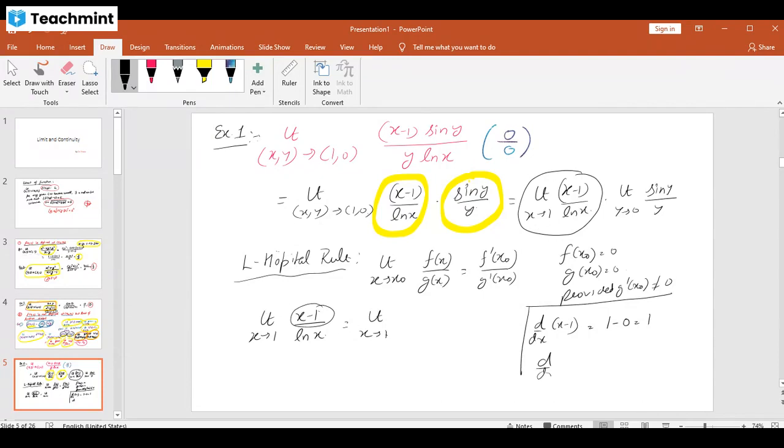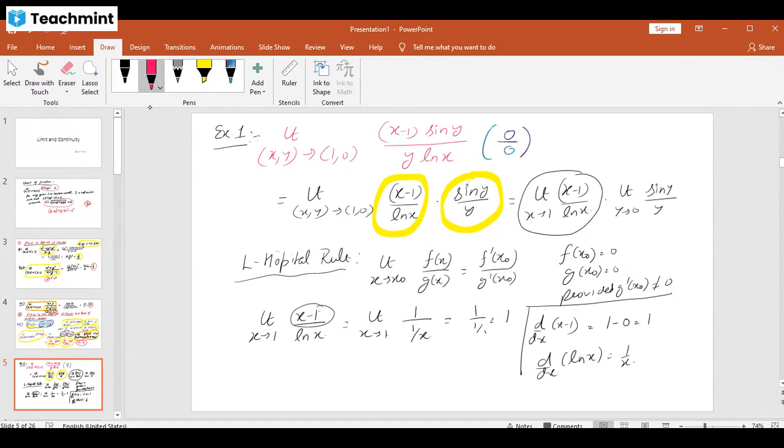And what about the derivative of log x? The derivative of log x is 1 upon x. So it becomes 1 upon x, right? Now, if I put x equal to 1, your function is defined at that point. So we can get the limit of the function as 1 upon 1. Hence, the limit of this function is 1 only. Okay, so what does it mean? The limit of this function exists and is equal to 1.